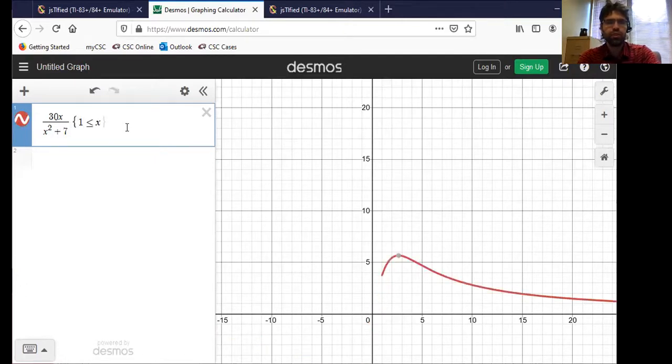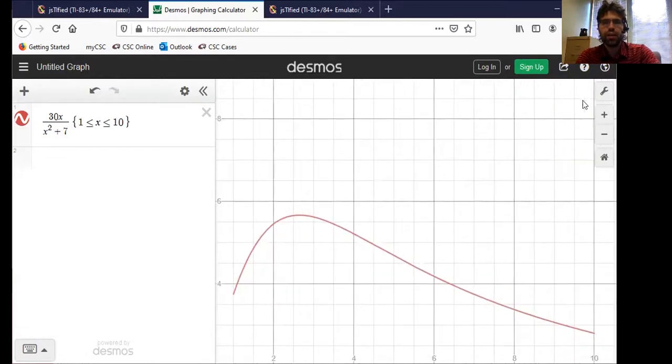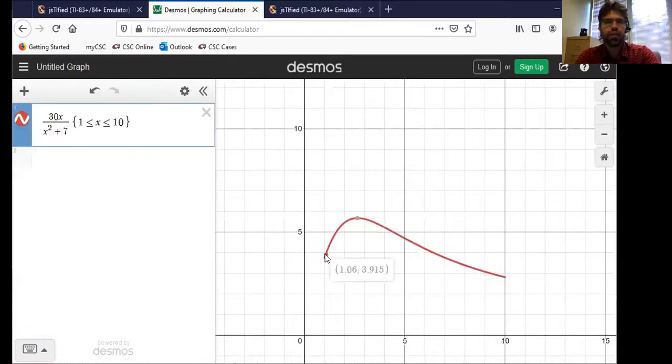And we're interested in the interval from 1 to 10. And here's our graph, and you see the concentration is rising initially. It rises, then it starts to fall. And the average rate of change can't convey that kind of detail.